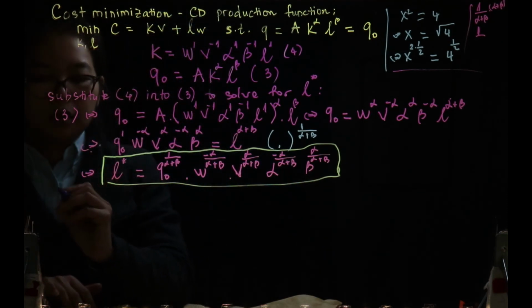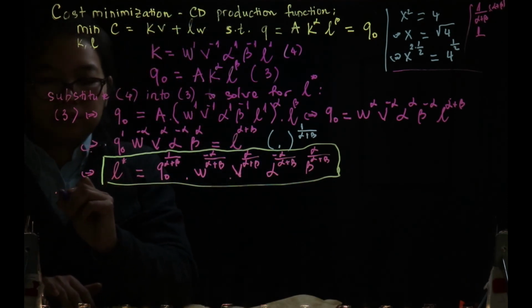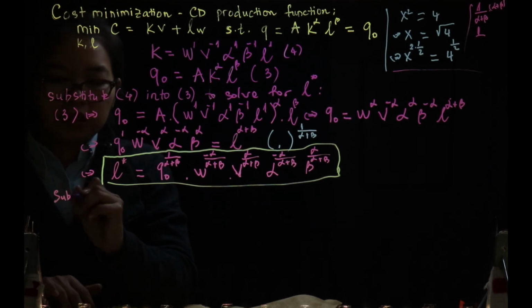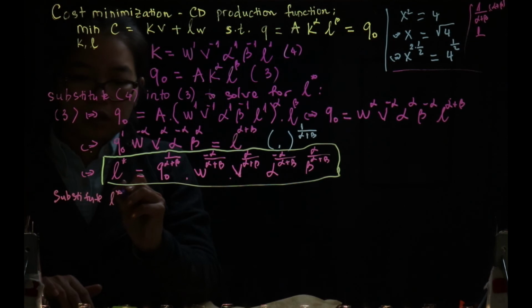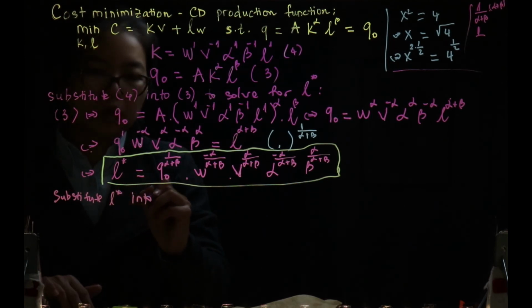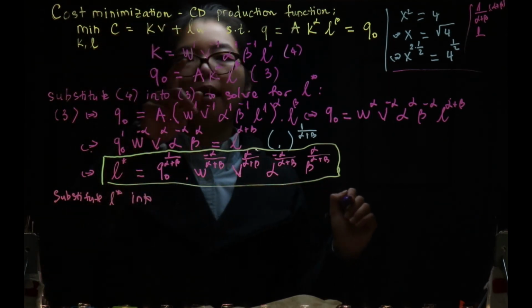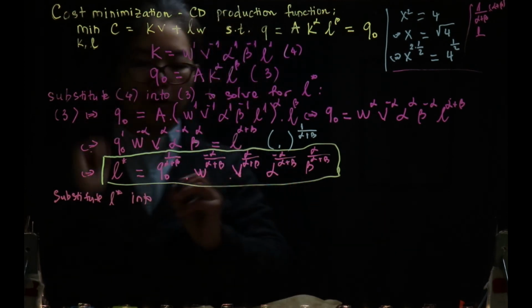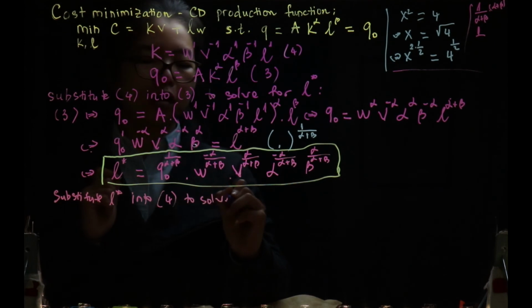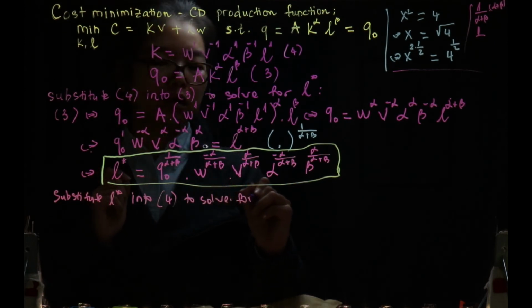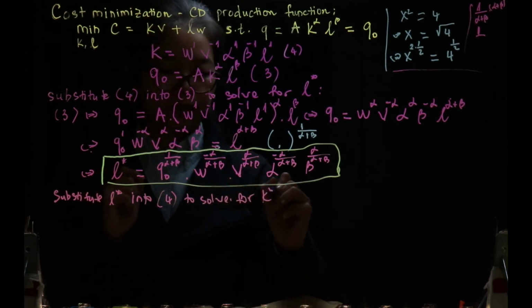Now, the next step, very simple, substitute L star into where? Into 4, of course, to solve for K star.